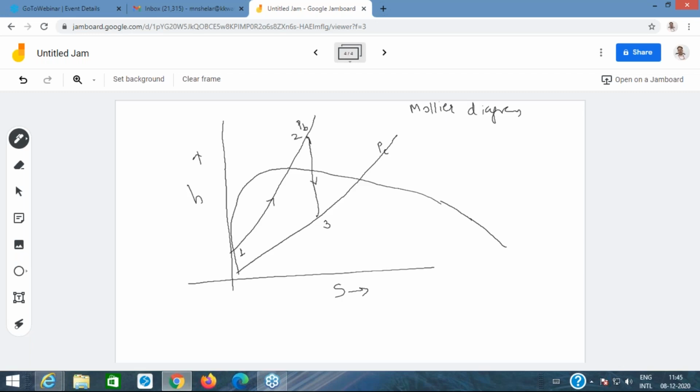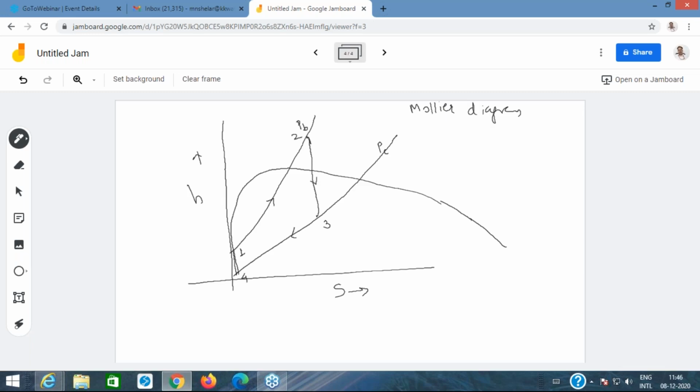And then there is a condensation. During condensation, the enthalpy would decrease. Obviously it would decrease up to the point when the steam becomes saturated water. So this is how you have to represent it.